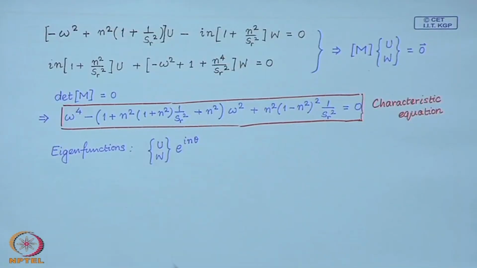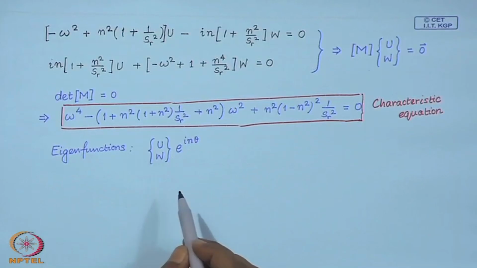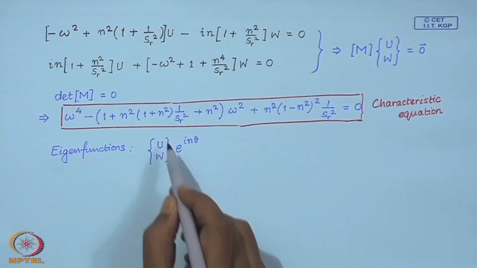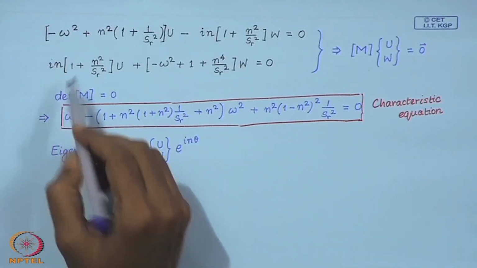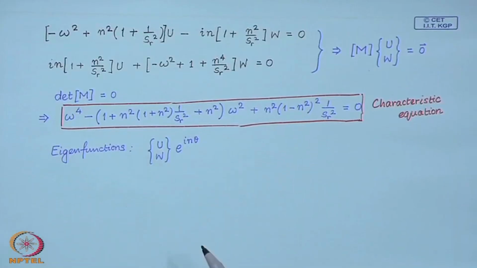So, you see the eigenfunctions will be complex like this. U and W themselves can be complex, because you have this i here in these equations, and hence these eigenfunctions are all complex.